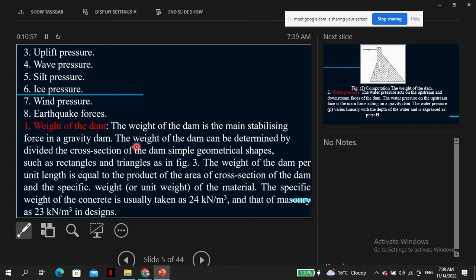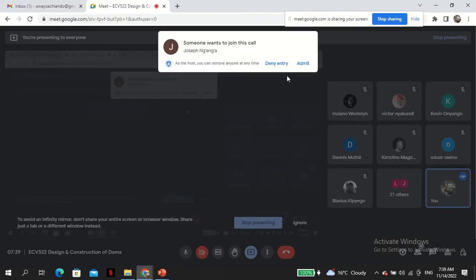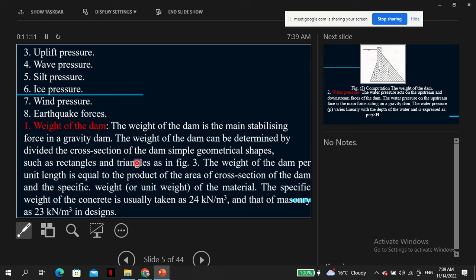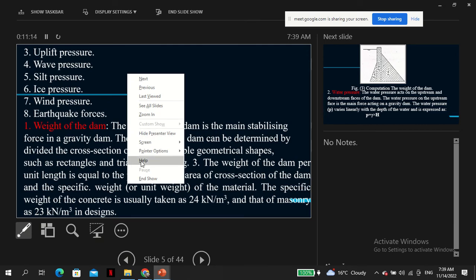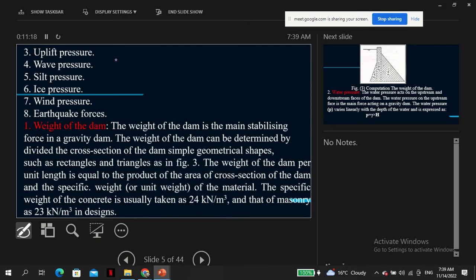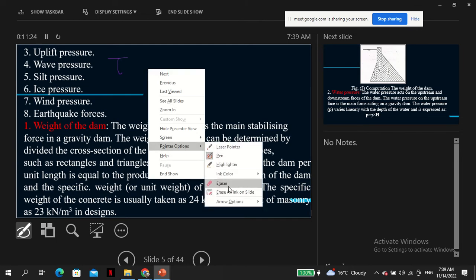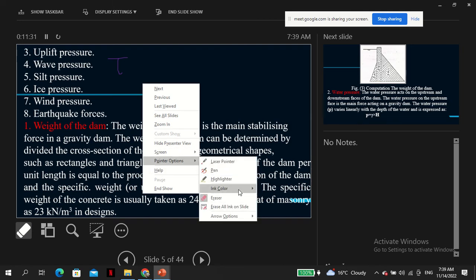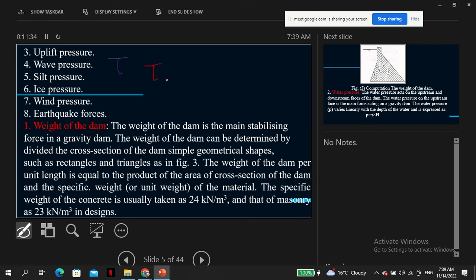Now, the weight of the dam is the main stabilizing force in the gravity dam. I said this because it contributes to the stability, because you remember we said that the shear strength is C plus sigma tan phi.